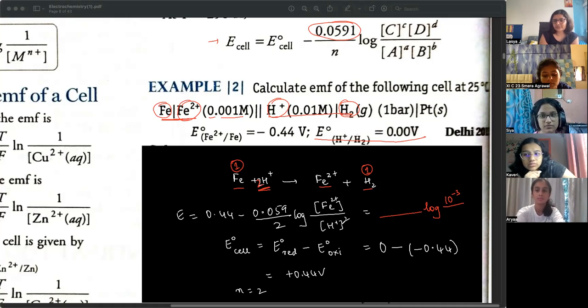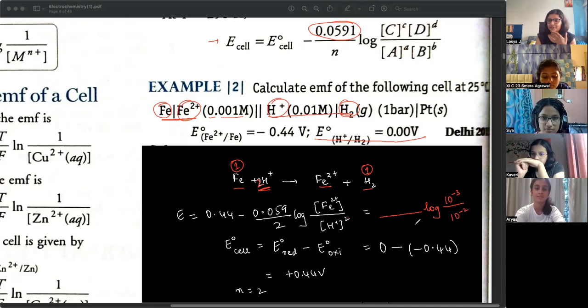When it's elemental, the concentration is always 1. Solid, liquid, gas, pure substances are always 1. That's why even in equilibrium, wherever you had H2O, you'd always take it as 1 in the reaction. Only the concentration of ions is what you have to consider. H+ concentration is 10 power minus 2. So you just need to solve it. It's all in base 10, so it gets pretty straightforward.